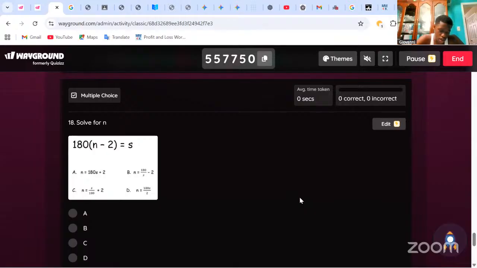Then I divide the 180 from both sides. That cancels out. To simplify, I got confused about how to simplify it. You just need to simplify, because when you simplify, you get your answer. What you did is actually correct by opening the brackets. When you simplify, you'll get your answer, and the answer is C.